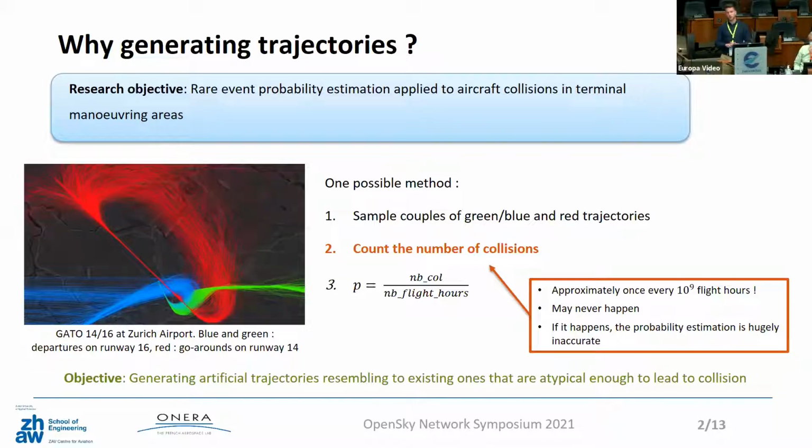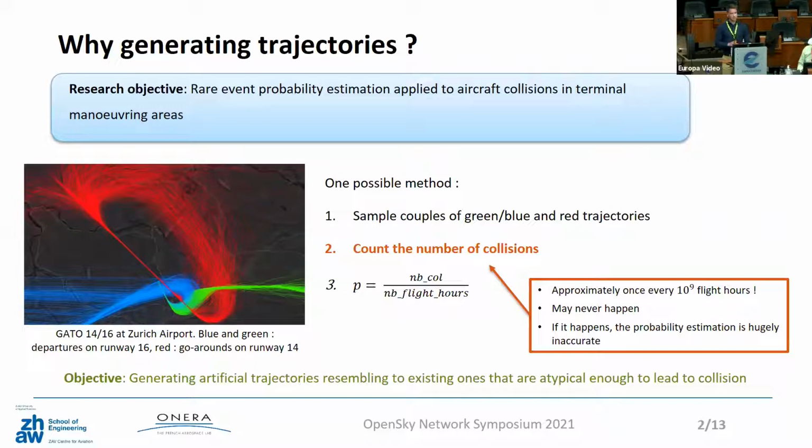One possible method to do that is called the Monte Carlo method. It is pretty simple in the idea. We just sample a couple of trajectories, one red and one green or blue. We count the number of collisions that occur. And finally, we deduce the probability we want by dividing the number of collisions we observed by the number of flight hours.